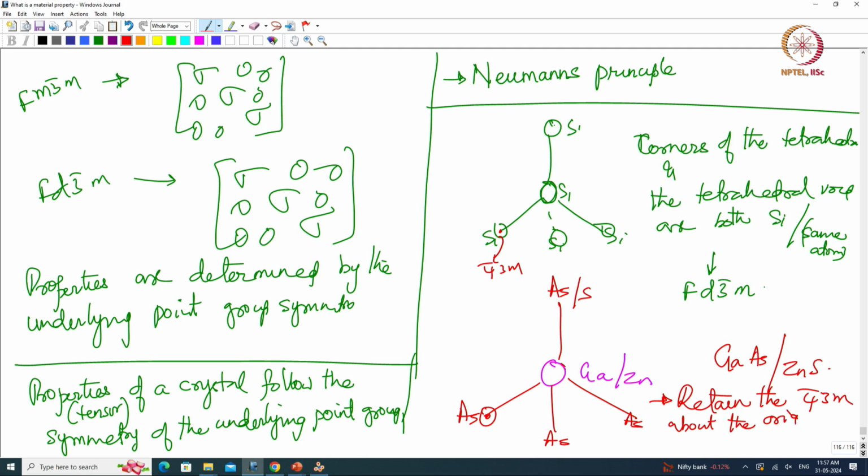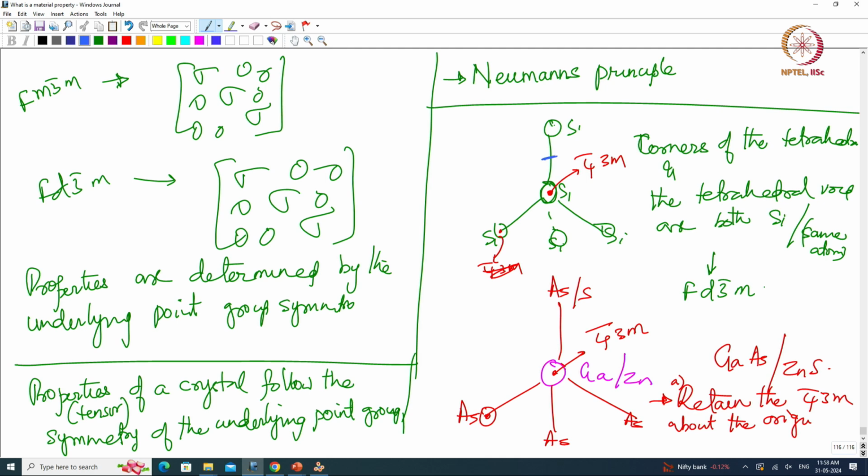Sorry, about the origin. So, let's put this as the origin. About this point I have 4 bar 3m, and I am not really changing the environment about the origin. So, about the origin I still have 4 bar 3m, right. I am retaining that. Okay. But what am I removing?